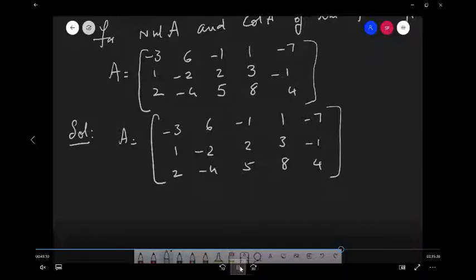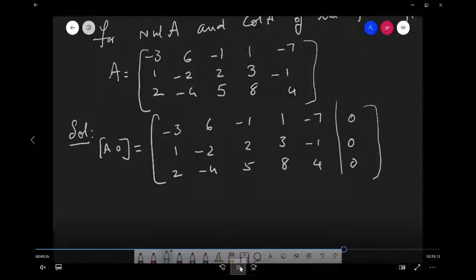Let me take the augmented matrix, because we need to reduce it to echelon form, by adding a zero column, 0 0 0. So let me call this augmented matrix A0.